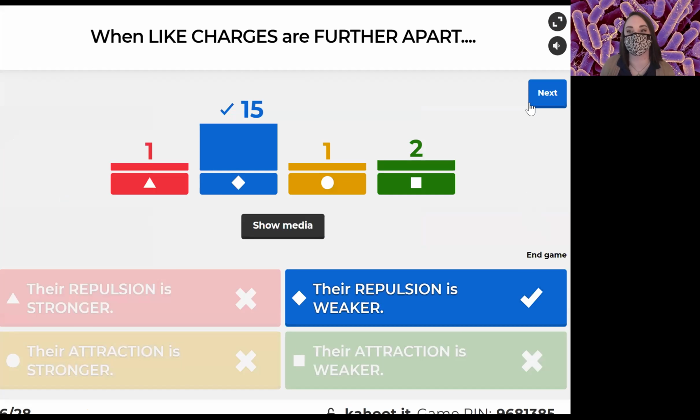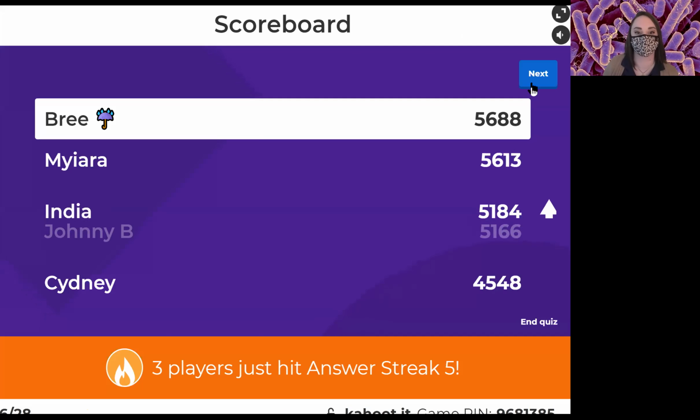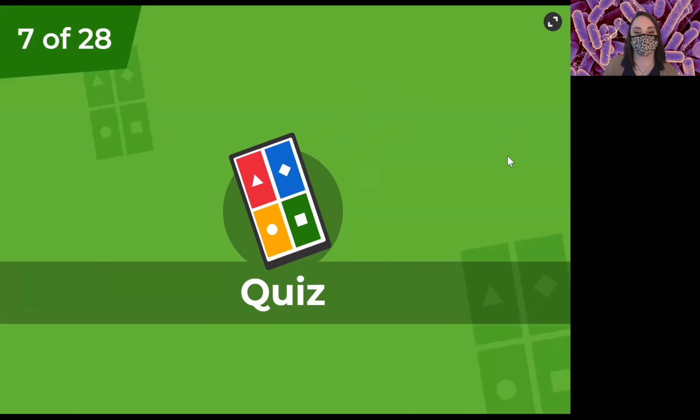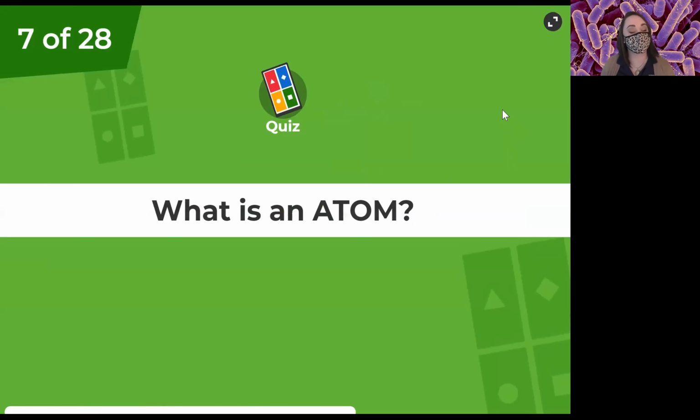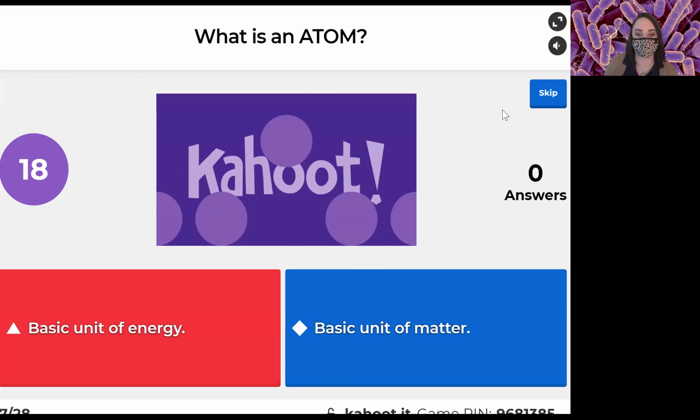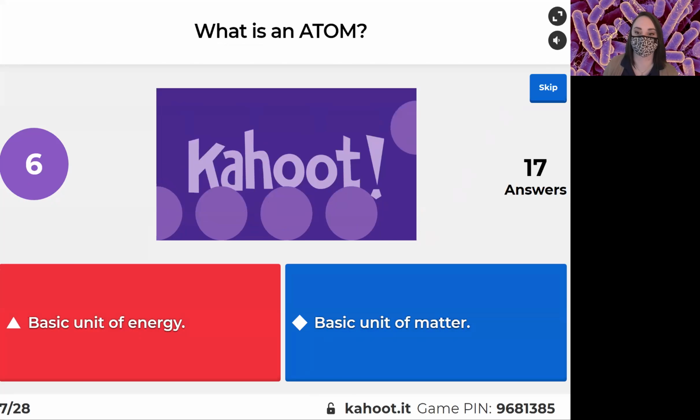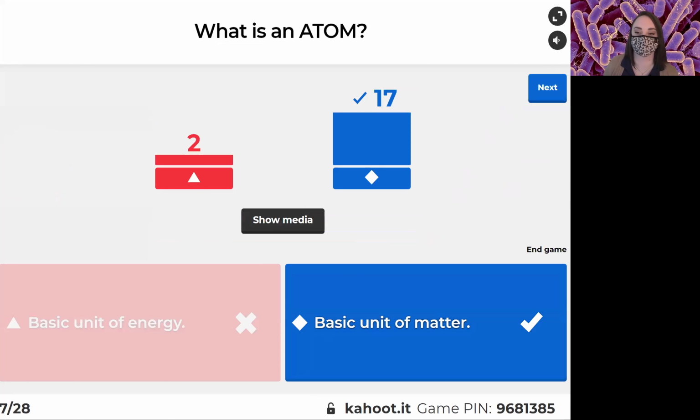Good. The repulsion is weaker. What is an atom? Basic unit of matter.